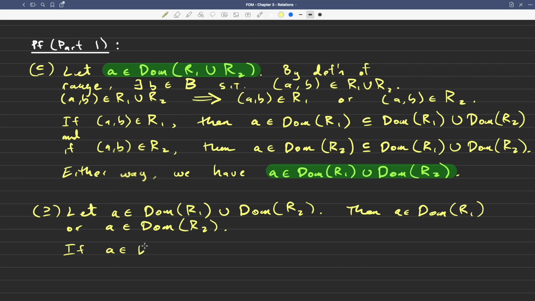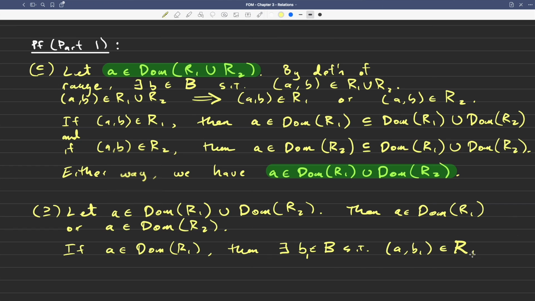If a is in the domain of R1, then there would exist some b in big B, I'm going to call that b1, such that little a comma b1 is an element of R1.